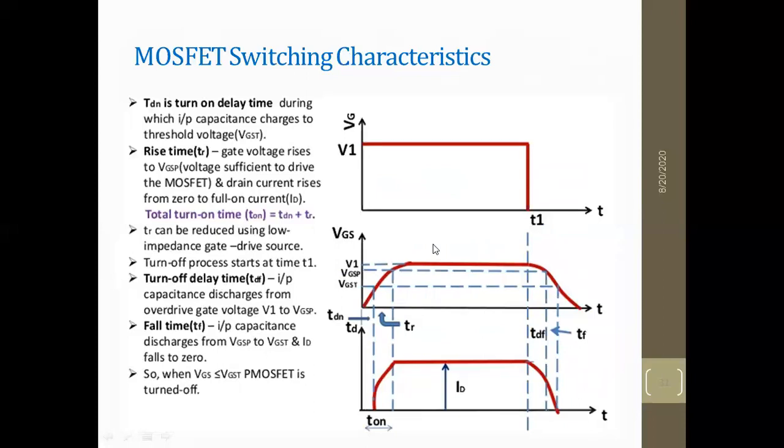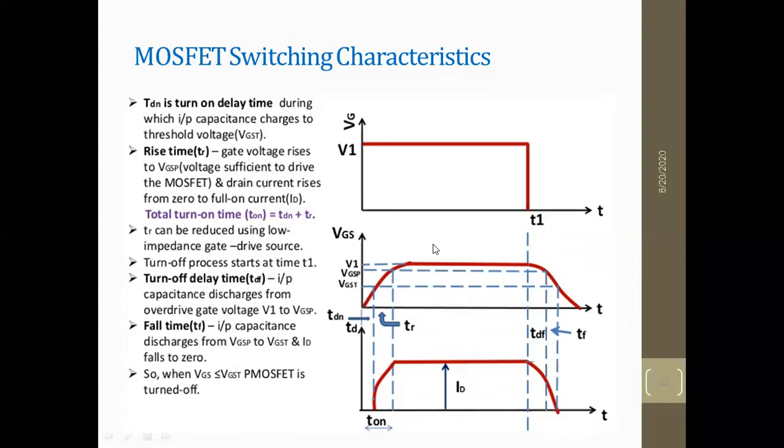What about the switching characteristics? Here, if you come across the switching characteristics, the gate signal for the MOSFET: without any gate signal, an enhancement type MOSFET may be considered as two diodes connected back to back.